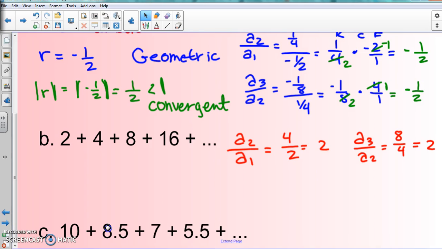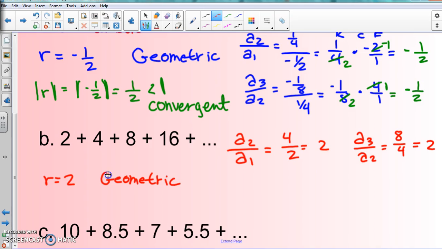So this is geometric, R is 2. And if we do the absolute value of R, is 2 greater than 1 or less than 1? It's greater, so we're going to deal with divergence.